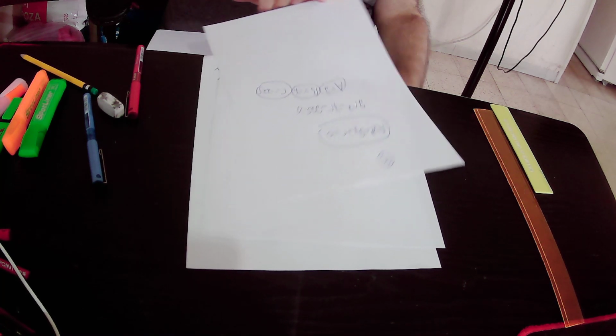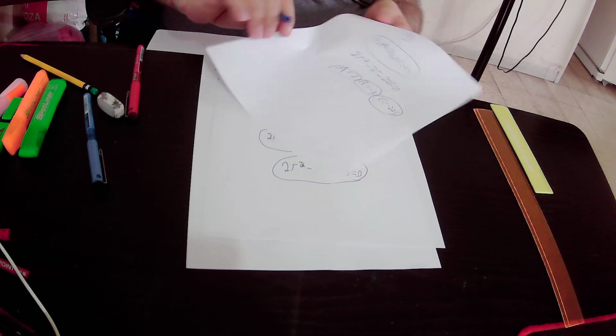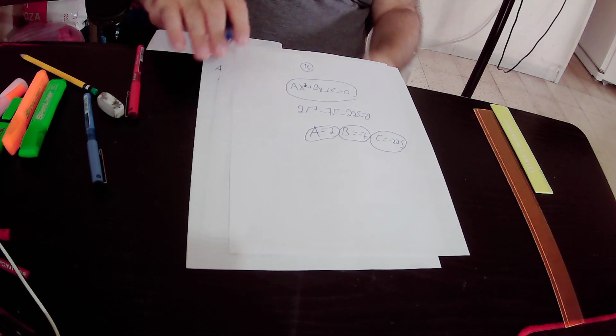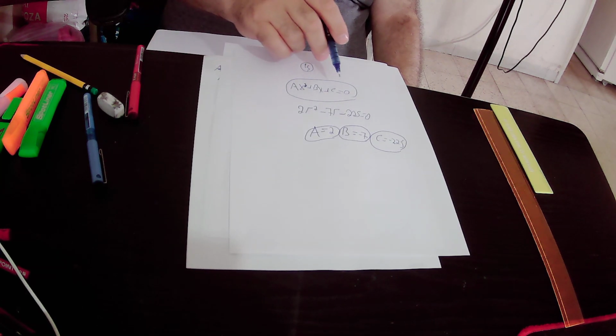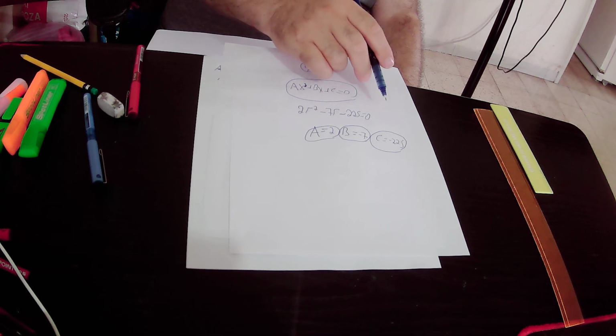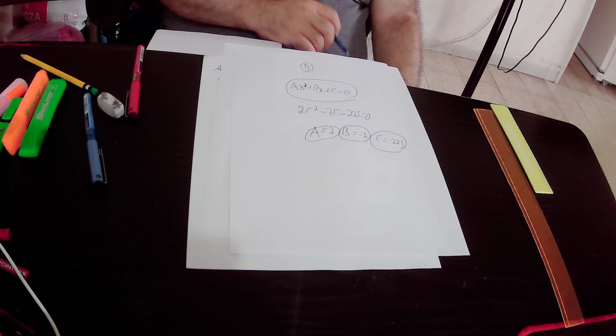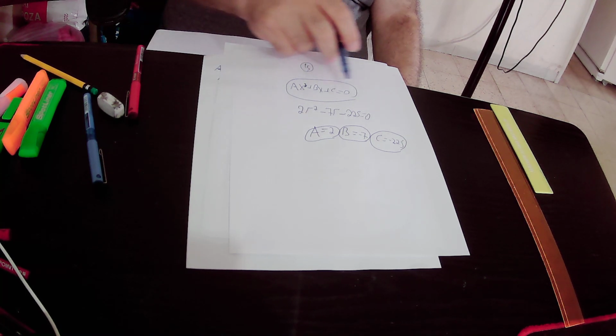Okay, those are the coefficients of our specific quadratic equation: a equals 2, b equals minus 7, and c equals minus 225. And the variable of our quadratic equation is r.